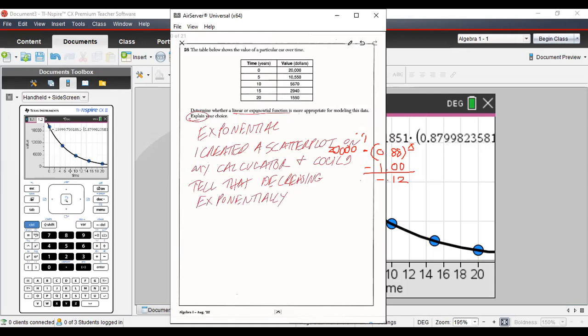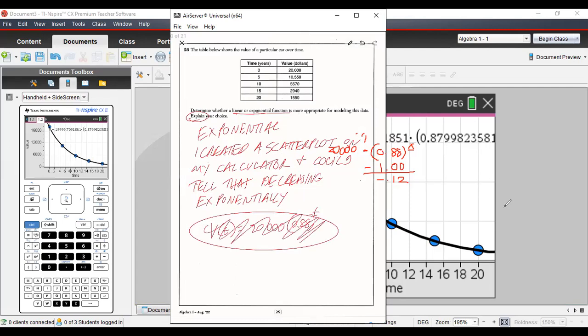And if you want to, I don't really recommend this unless you really got your game on, you can say the equation would be V sub t equals 20,000 times 0.88 to the t power. Now, don't do this unless you really got it like that.